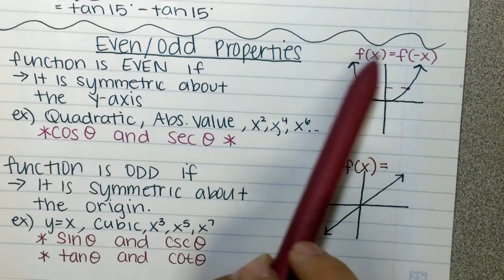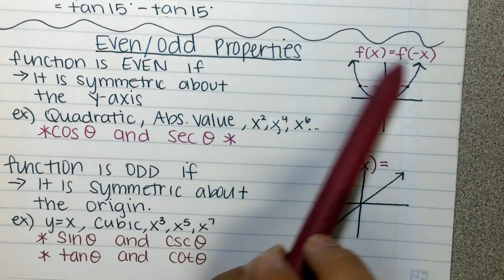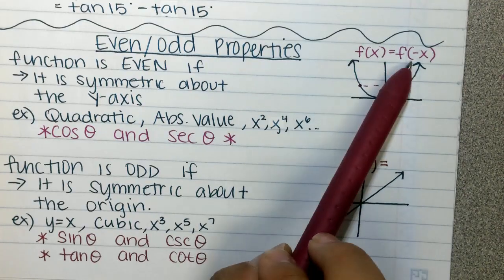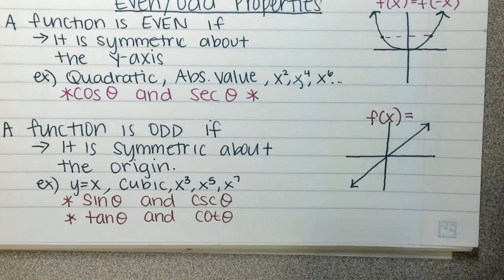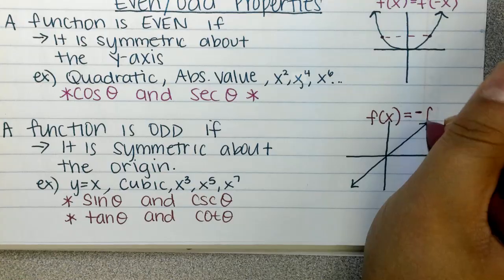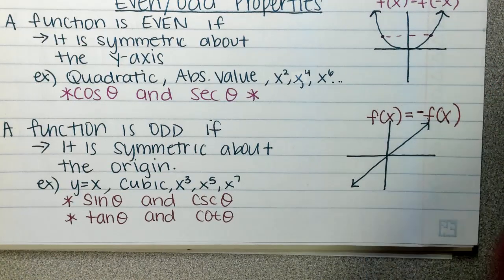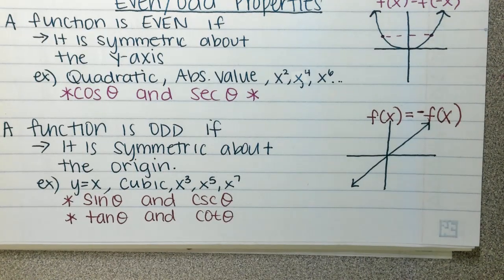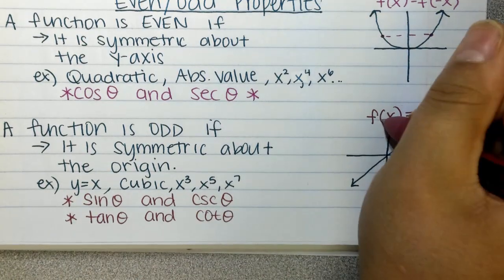Now, where these are the same, whether x is positive or negative, do y'all agree they're equal? Yeah. That's not the case for odd. Odd has a negative out front. I'm sorry, this should have a negative inside of it.